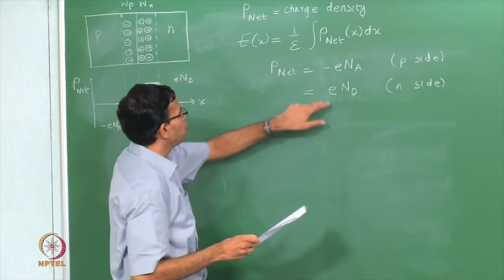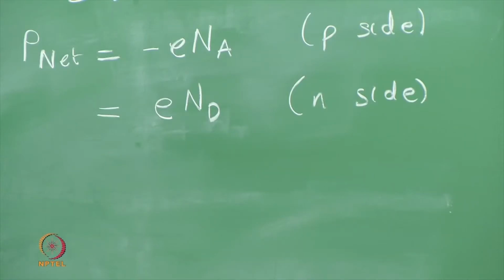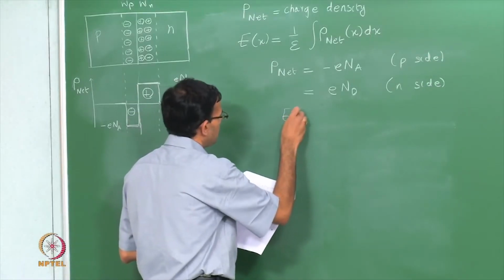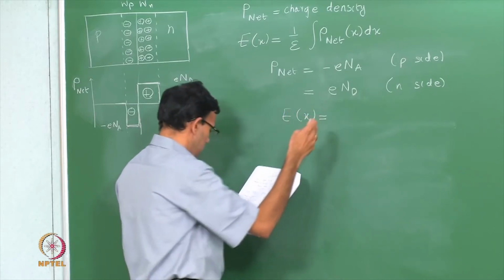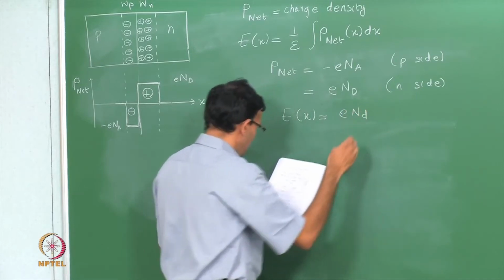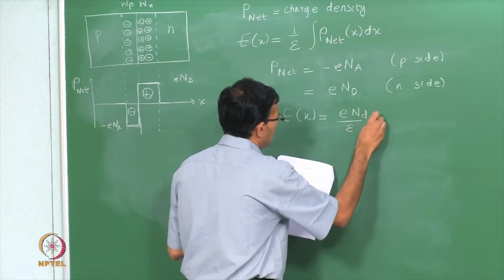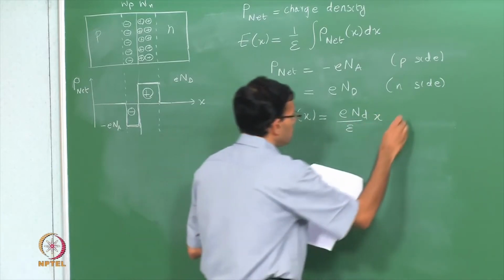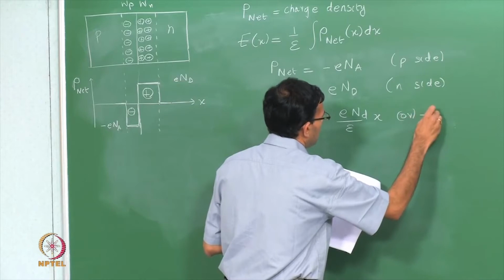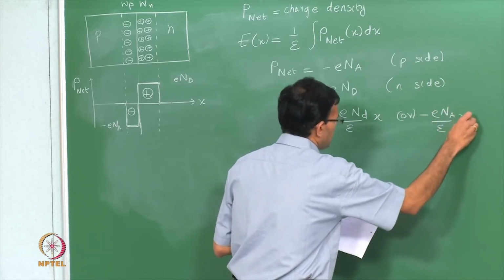We can substitute for this here and then integrate over the entire width of the depletion region to get the electric field E. So, the expression for the electric field E is equal to E N D over epsilon x, or minus E N A over epsilon x.